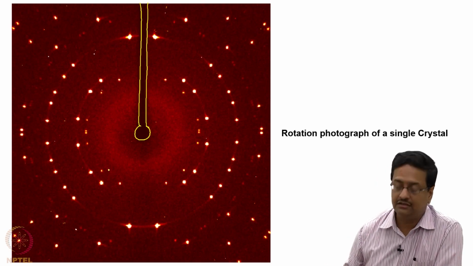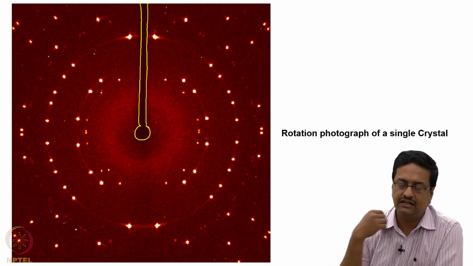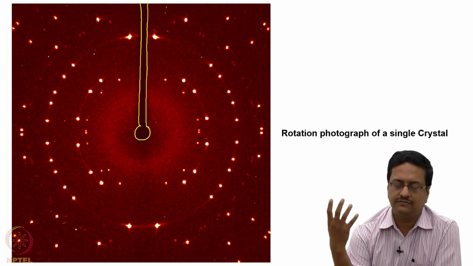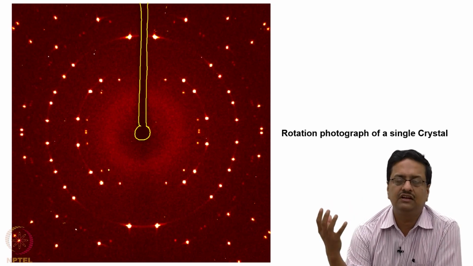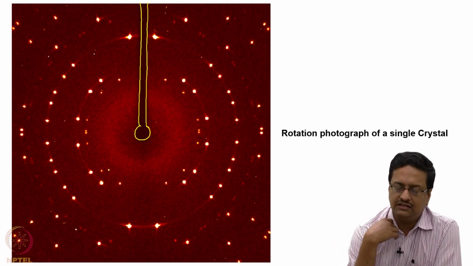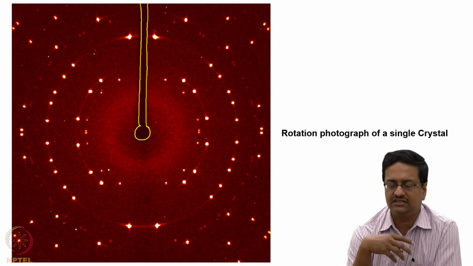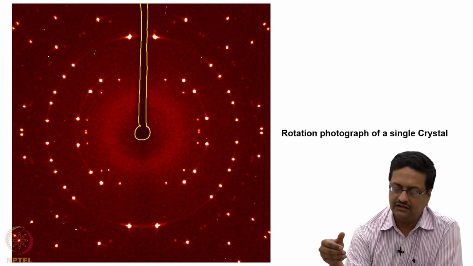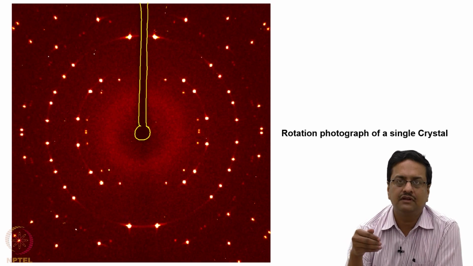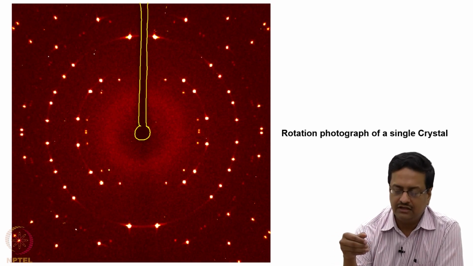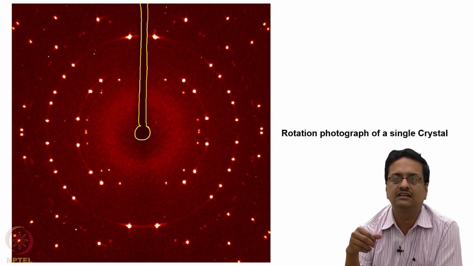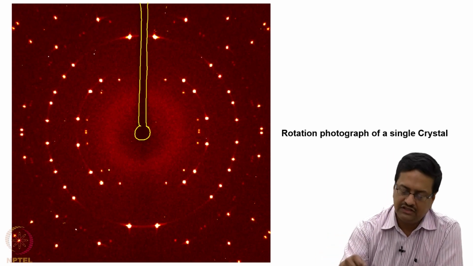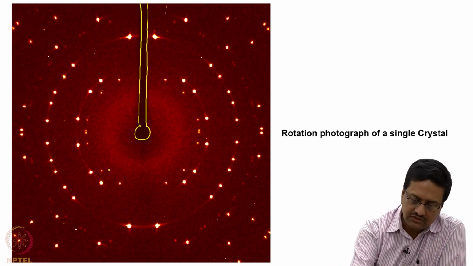As I indicated in one of my previous lectures, the rotation photograph of a crystal is always centrosymmetric, irrespective of whether it is a centrosymmetric or non-centrosymmetric structure. In this particular rotation photograph, you can verify that all the spots that are observed in this image have a center of inversion related spot on the other side. Just take a few examples.